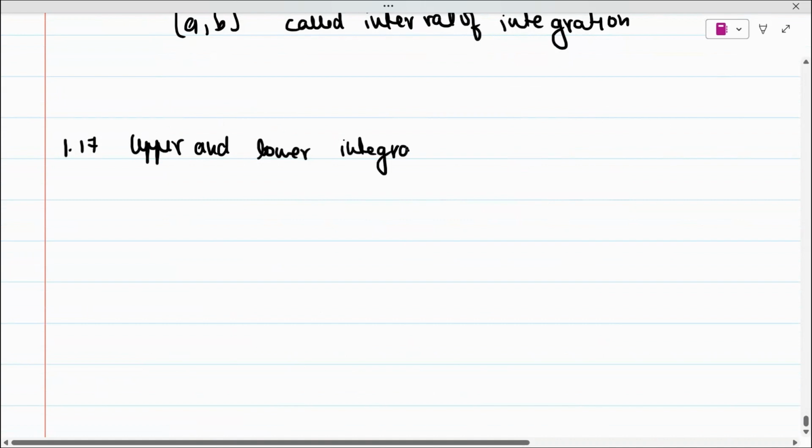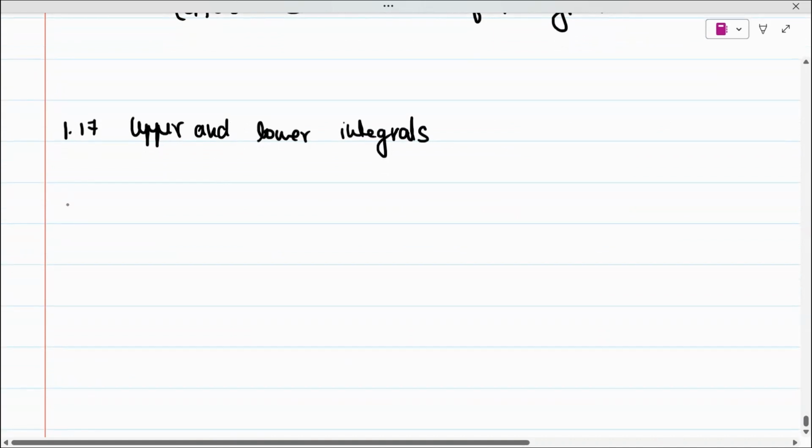So now we talk about the upper and lower integral. First let's give and prove 1.9 below.